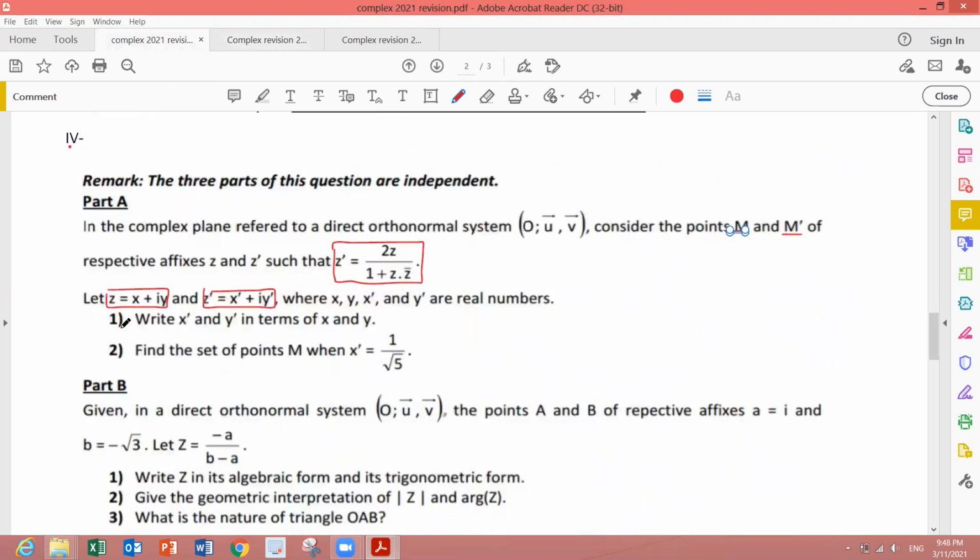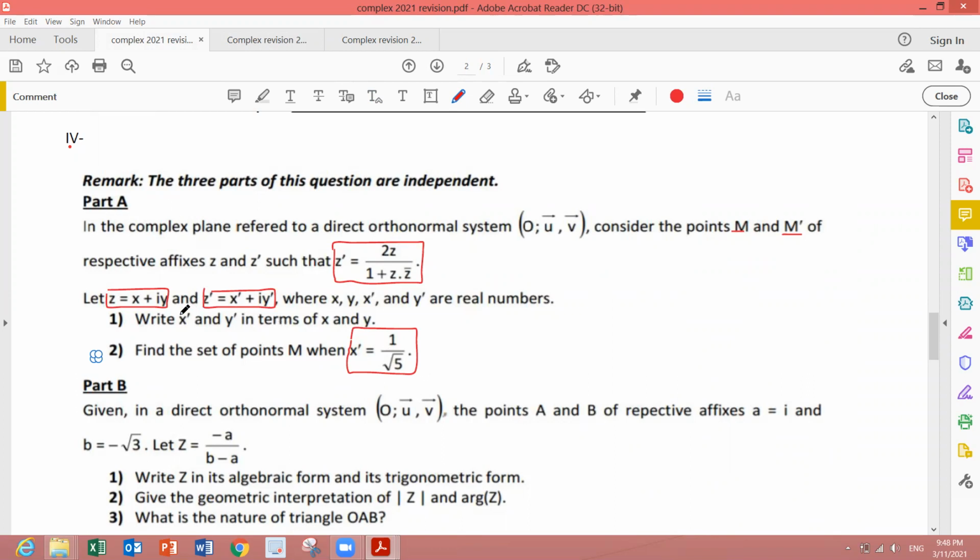Second part, find the set of points when X prime equals 1 over radical 5. So X prime that we got here, we put it equal to 1 over radical 5.